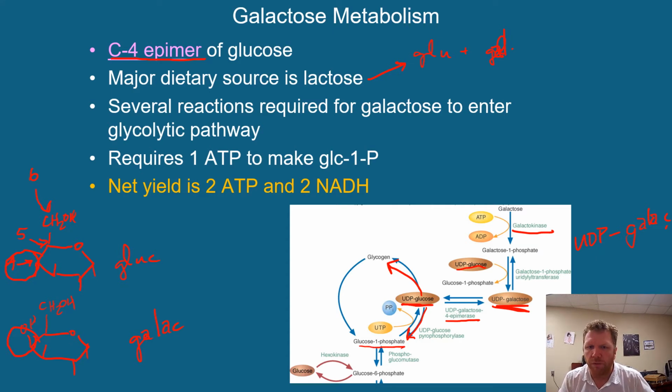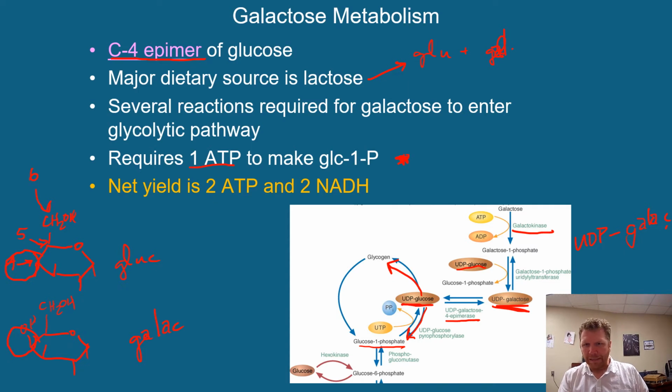That glucose 1-phosphate can be treated by phosphoglucomutase to make glucose 6-phosphate. Essentially, what I want you to take away from this is, in order to go from galactose to glucose, we have an expense of 1 ATP that will get us all the way to our glucose 1-phosphate.